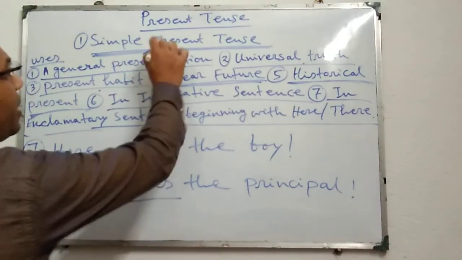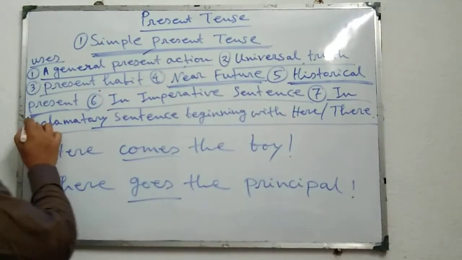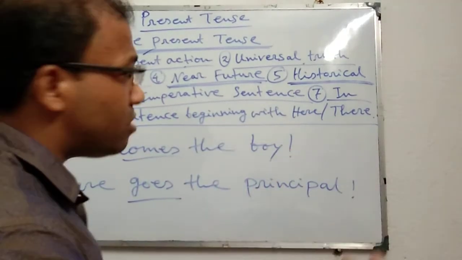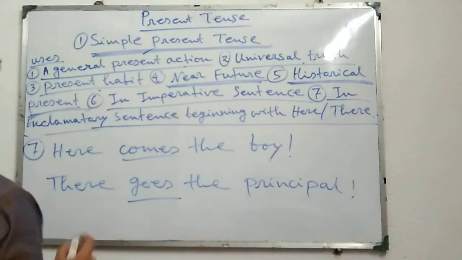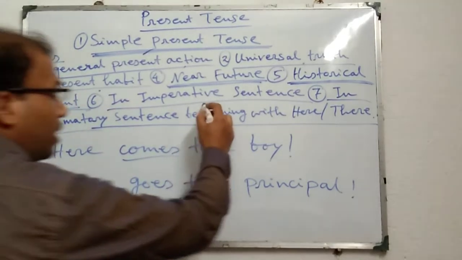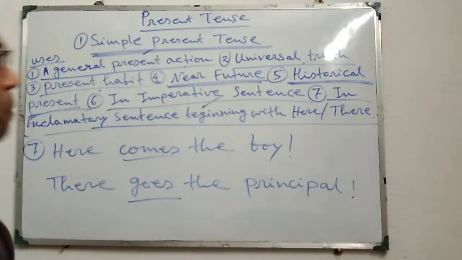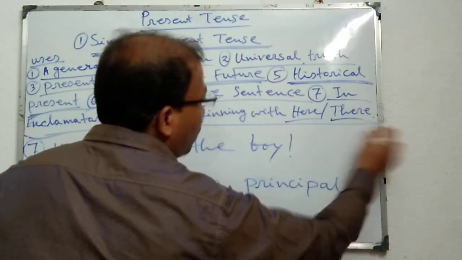Thereafter, simple present tense is also used to indicate any historical event, so that it seems that it is happening now. Simple present tense can also be used in imperative sentences, and in exclamatory sentences beginning with here or there.